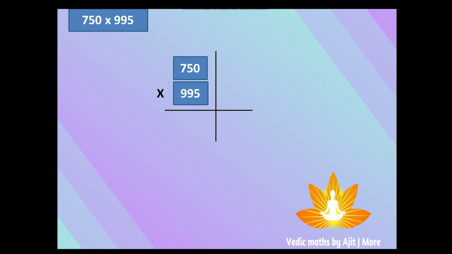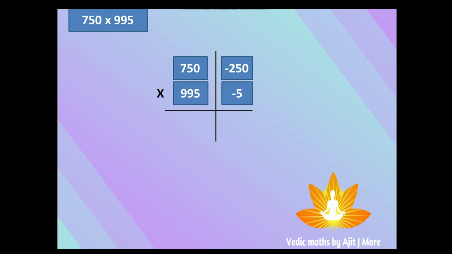Now the next step is to find the deviation. Can you tell me how much lesser than 1000 is 750? It is minus 250, isn't it? Yes. And 995 is minus 5 lesser than 1000. Now quickly do the first part and the second part.